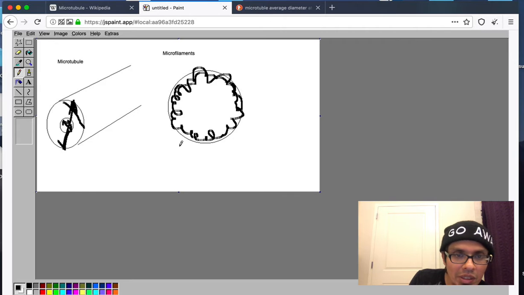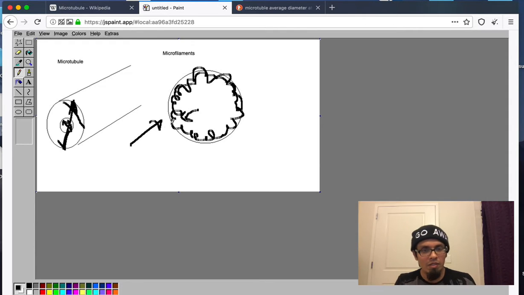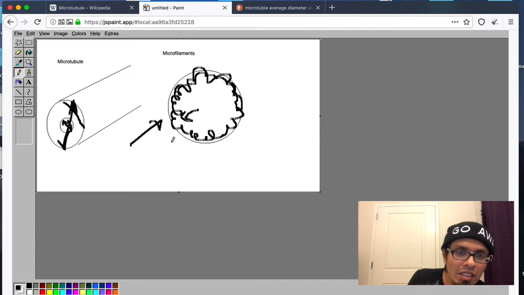So it prevents a cell from collapsing within itself, which is very important because you have water outside, and you have water in the cytosol, which is the fluid in the cell. And you have a pressure gradient from outside the cell to inside the cell. So you need different resistive structures within the cell to prevent the pressure from destroying the cell, which is one of the things the microfilaments do.